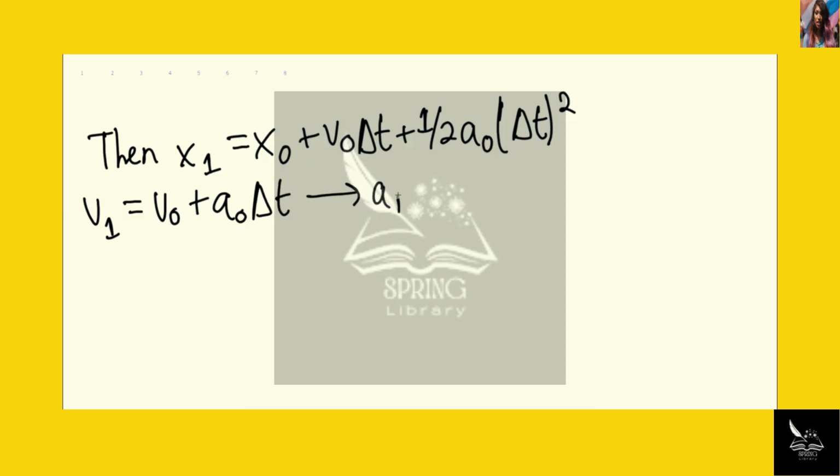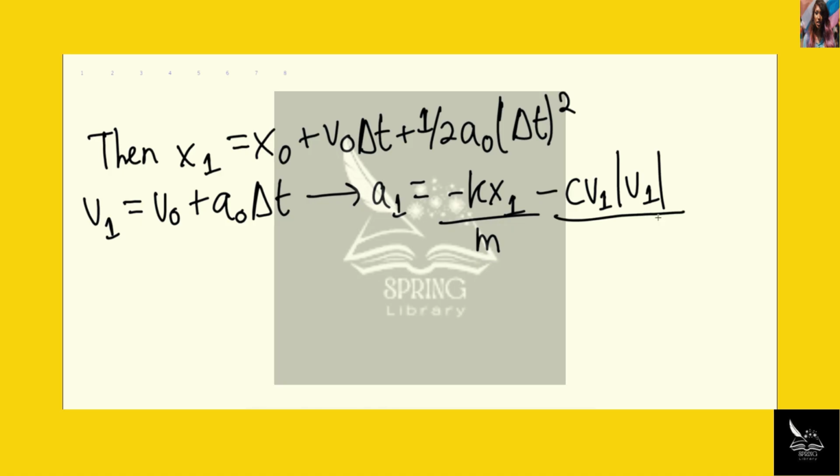Therefore, a sub 1 would be equal to negative kx sub 1 divided by m minus c v sub 1 times the absolute value of v sub 1 divided by m, and it just keeps on going for every successive interval.